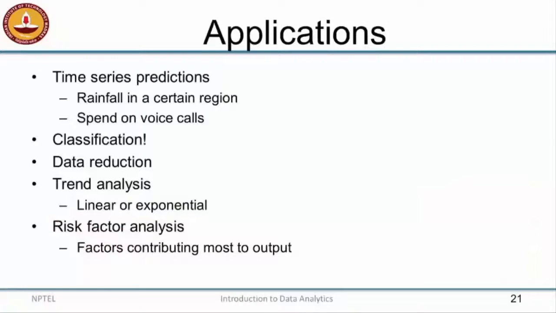There are many different applications of regression. The one thing I already mentioned earlier was time series predictions. You could try to build a model that predicts rainfall in a certain region, or how much money a user is likely to spend on a particular service, let's say calling. Sometimes you can even use linear regression to do classification.